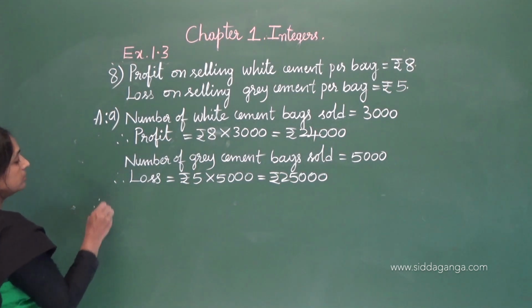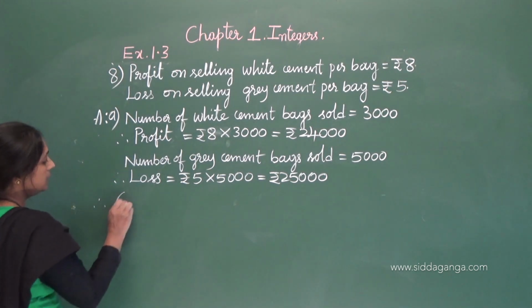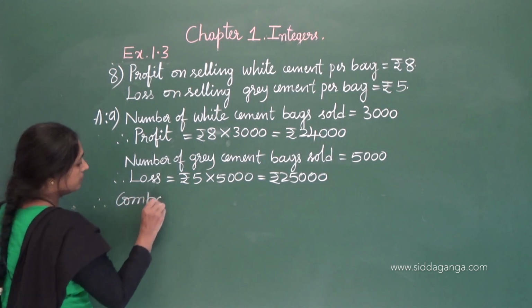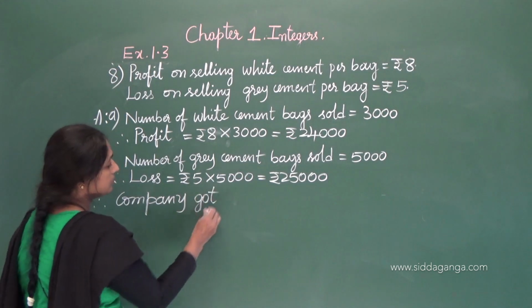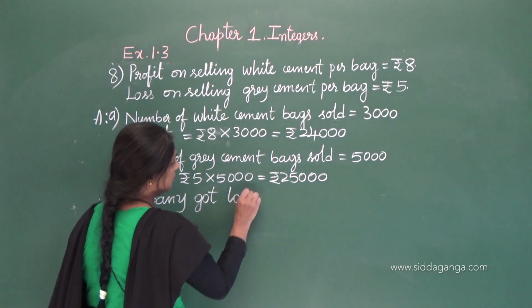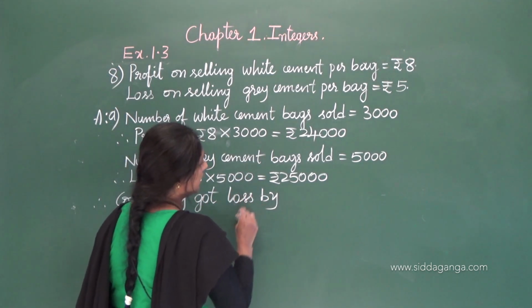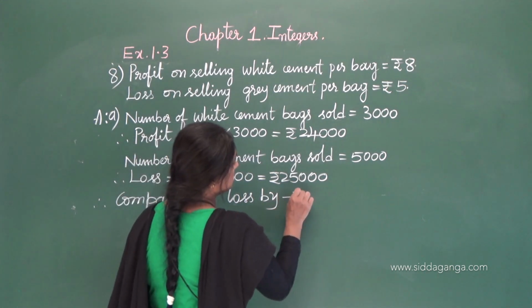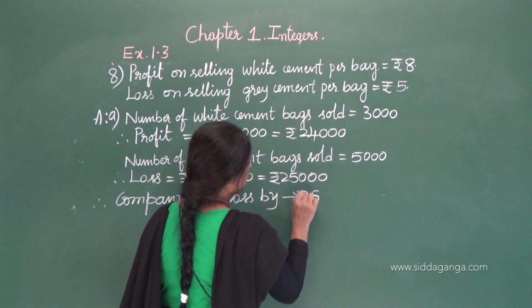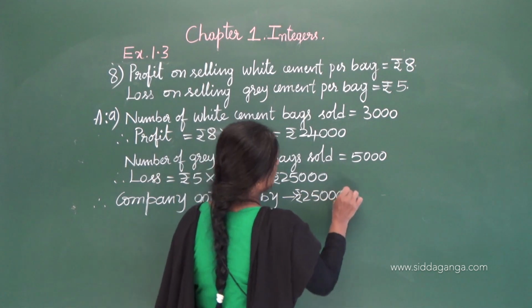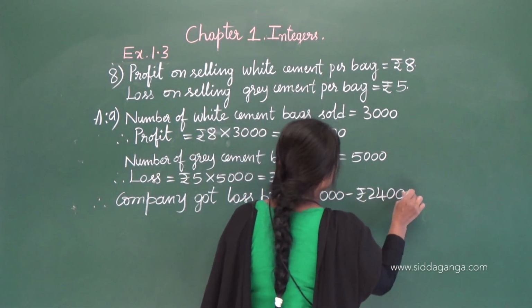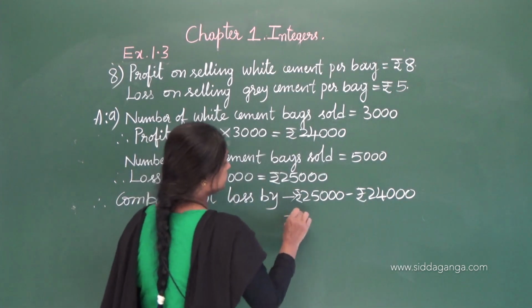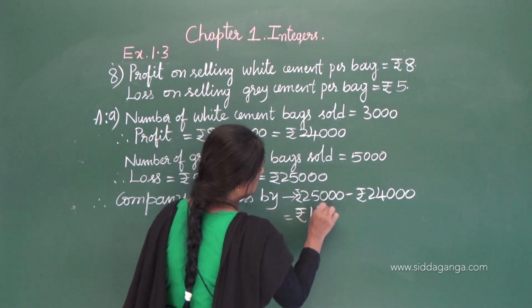Okay, therefore the company got loss by rupees 25,000 minus rupees 24,000, that is equal to rupees 1,000.